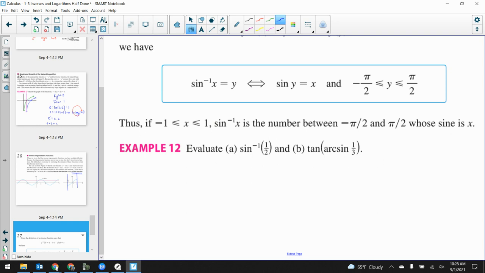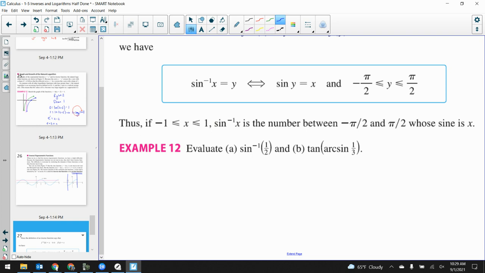All right. Evaluate inverse sine of 1/2 and tangent of arcsine of 1/3. You could perform these operations by looking at your unit circle, but you could also perform them by using right triangles as well.